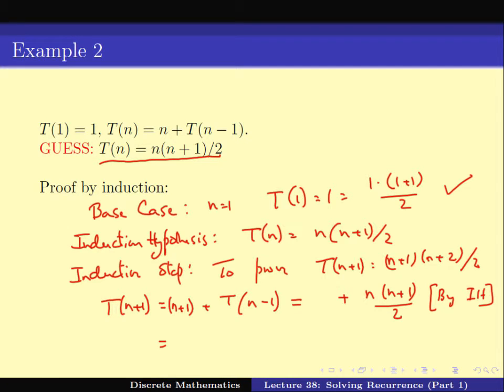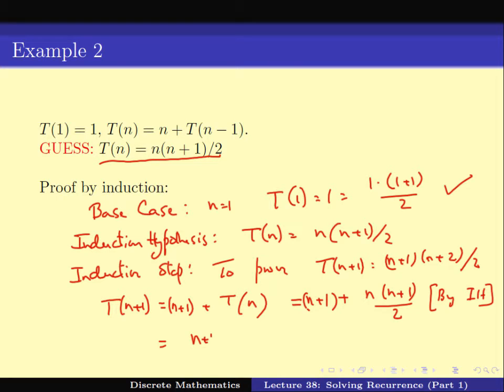Because tn equals n plus tn minus 1, so tn plus 1 has to be n plus 1 plus tn, and this equals n plus 1 plus the given induction hypothesis, which is n into n plus 1 by 2.